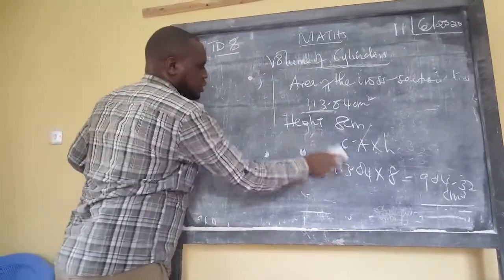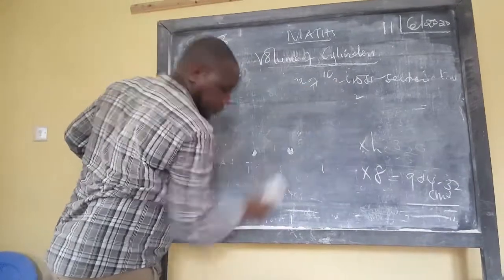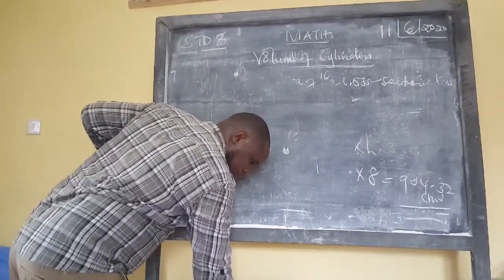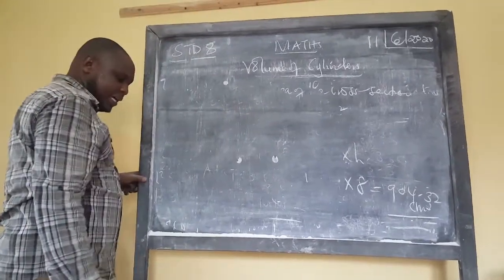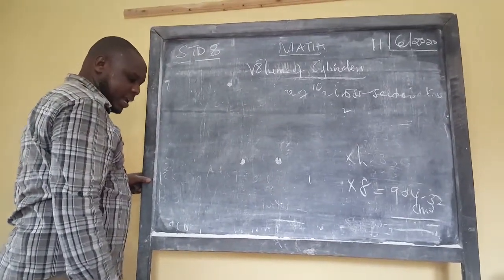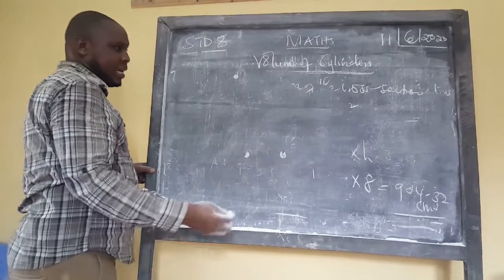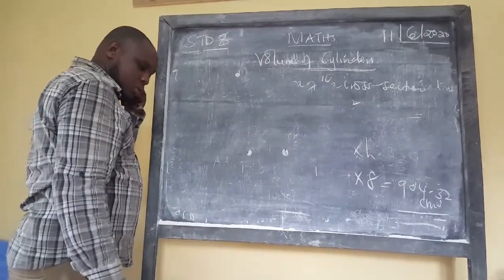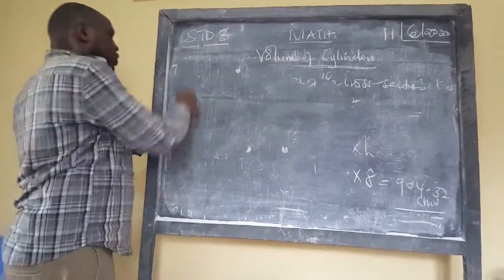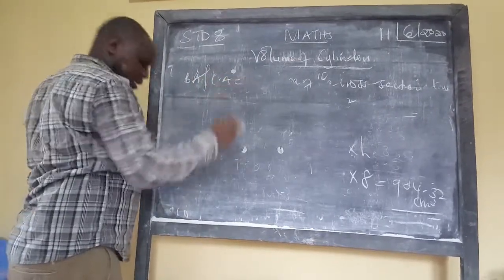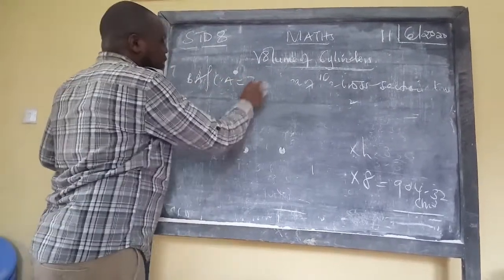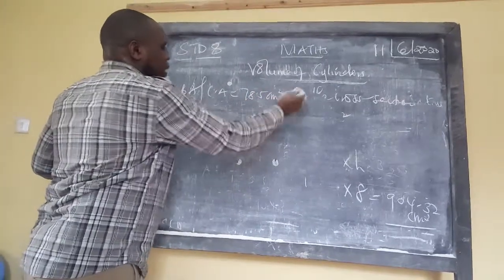Maybe I'll do the last one before I give you a couple of questions. What is the height of a cylinder with a base area, which I told you is also called cross-section area, of 78.5 centimeters squared?